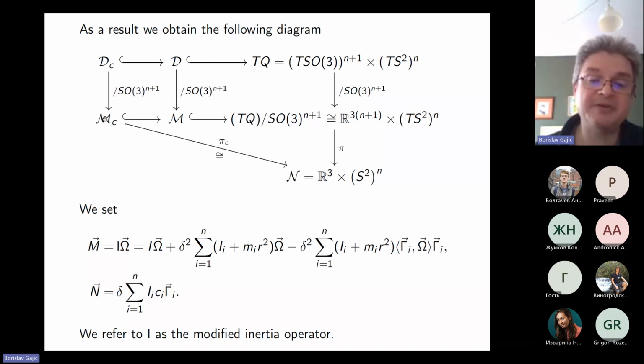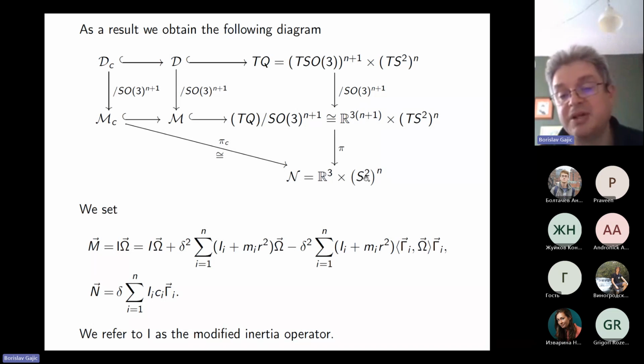And then we explained in the previous slide that this M_C is in fact diffeomorphic to just this product, and we consider the problem on this space R^3 times S^2. When n is equal to 1, it is a 5-dimensional space.